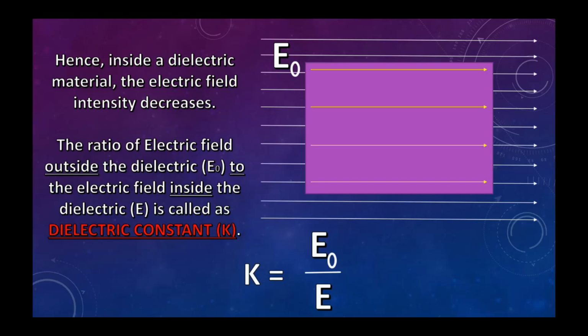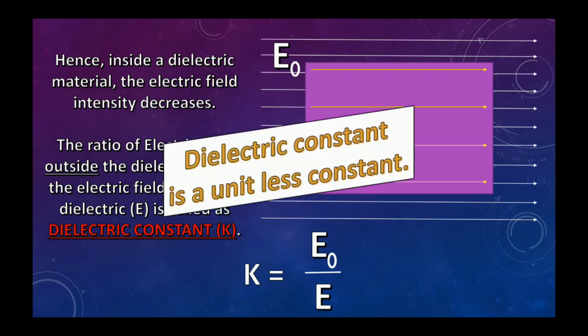So Newton per coulomb divided by Newton per coulomb gives no units, or we can say that the dielectric constant is a unitless constant. Alright. Now from this equation, K is equal to E naught by E, we can get E equals E naught by K. What was E? E was the electric field inside the dielectric, E naught was the electric field outside the dielectric, or the original electric field, and K is the dielectric constant.